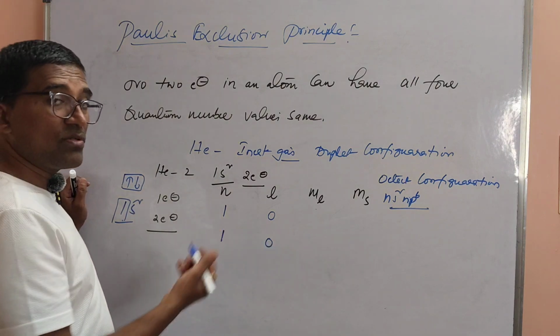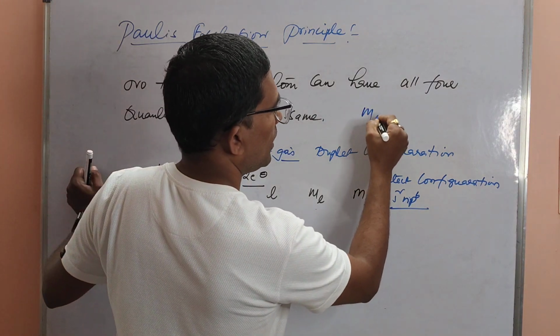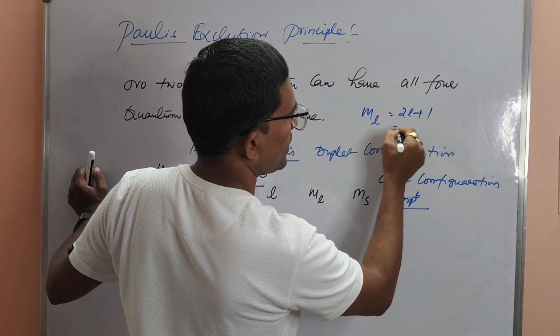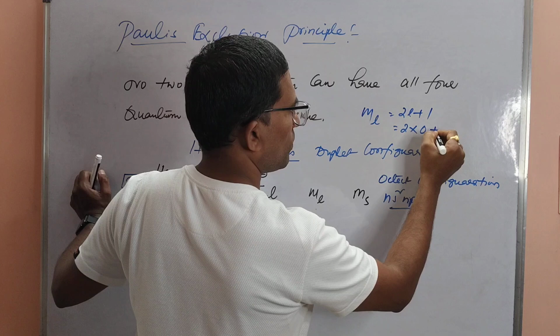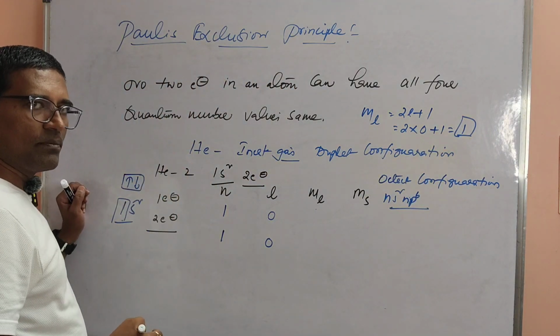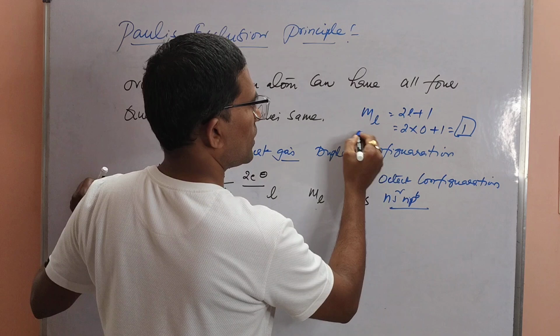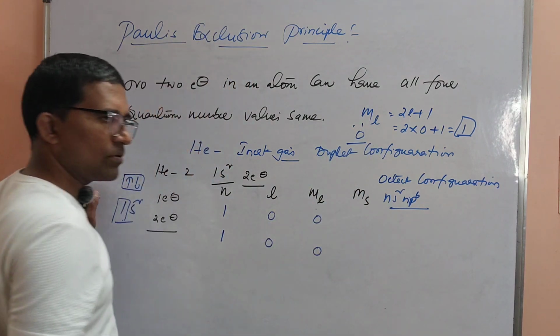The ml value depends upon the l value; the formula is 2l plus 1. With l equal to 0 in both cases, 0 plus 1 equals 1, so only one value comes, that is 0. Here also 0.